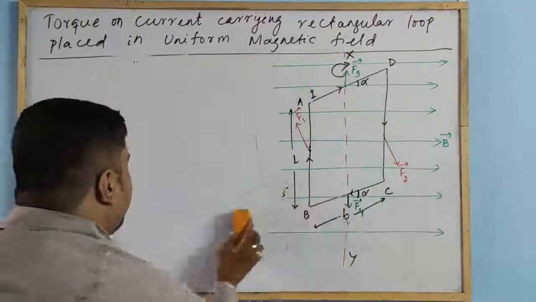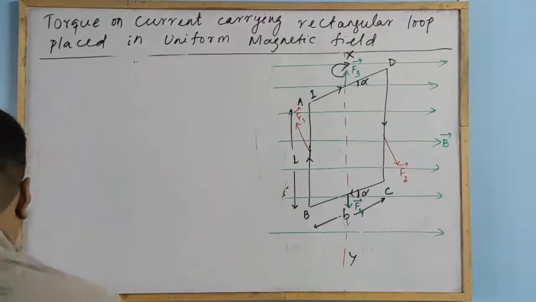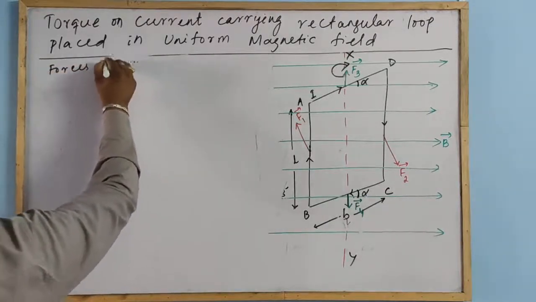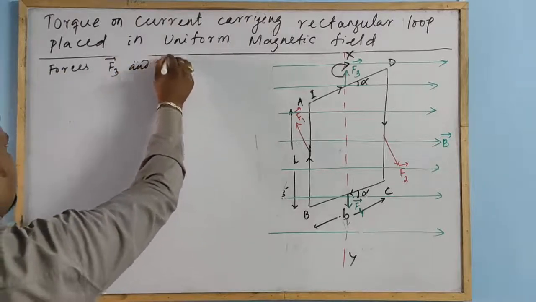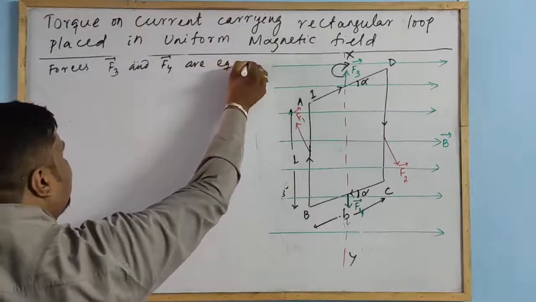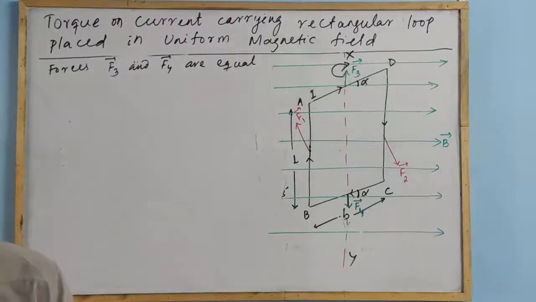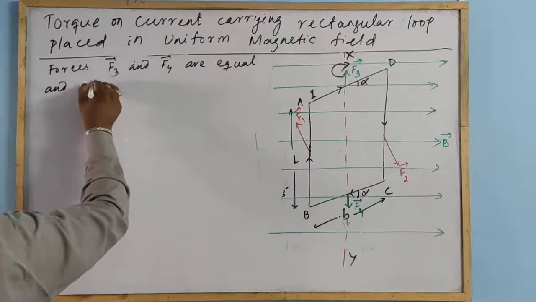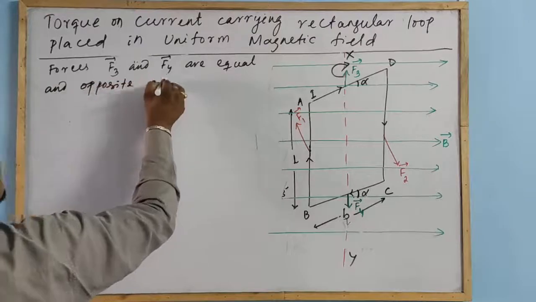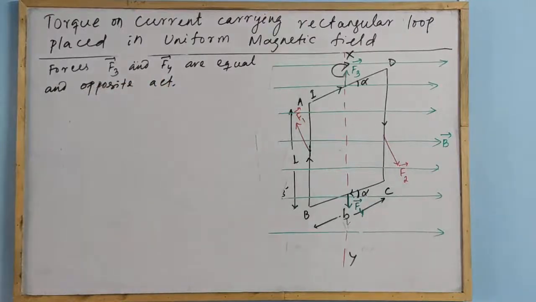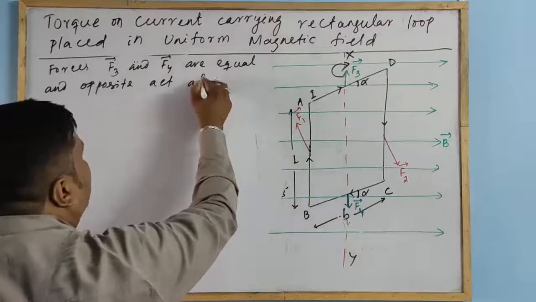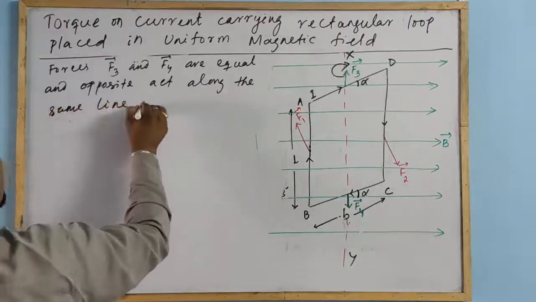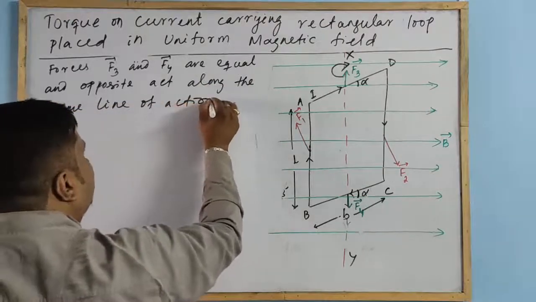That's why I have taken F3 and F4 later. First I calculate F1 and F2. The forces F3 and F4 are equal and opposite, and act along the same line of action.